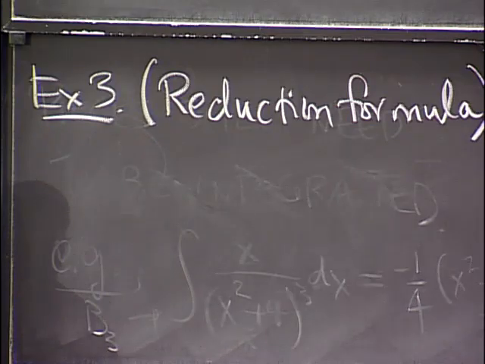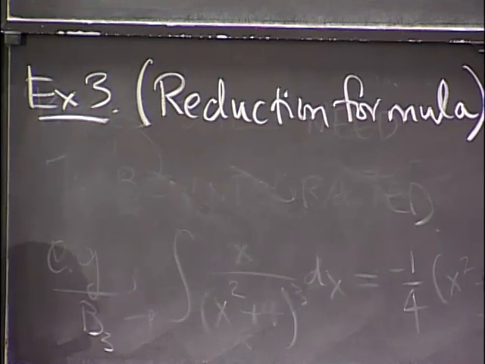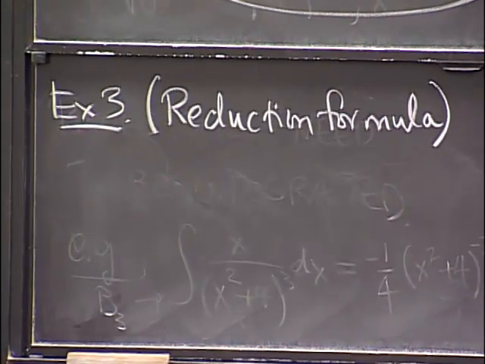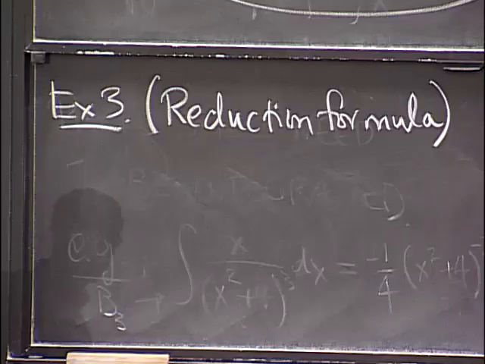A reduction formula is a case where we apply some rule and we figure out one of these integrals in terms of something else, which is a little bit simpler. And eventually we'll get down to the end, but it may take us n steps from the beginning.